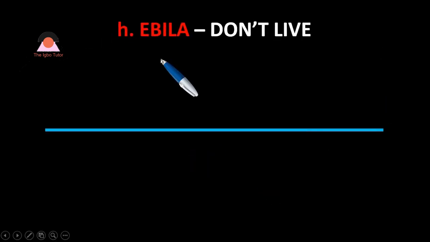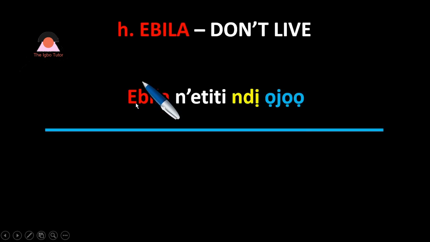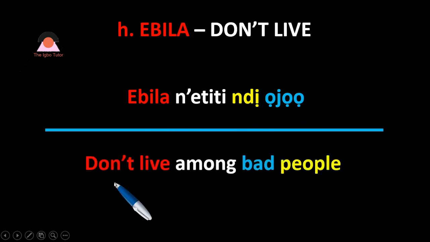And the next one is ebila, opposite instruction. Don't live. Ebila. Okay. A sentence now. Ebila n'etiti ndị ọjọọ. This means don't live among bad people. Some will say, oh, I thought this is ABE. No. ABE is used for reported speech, which means he didn't live here.